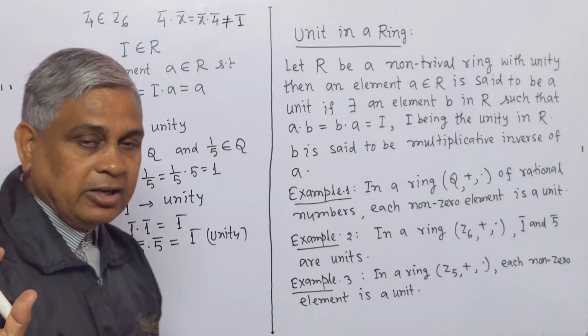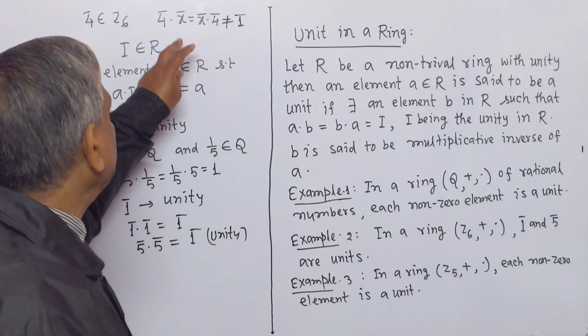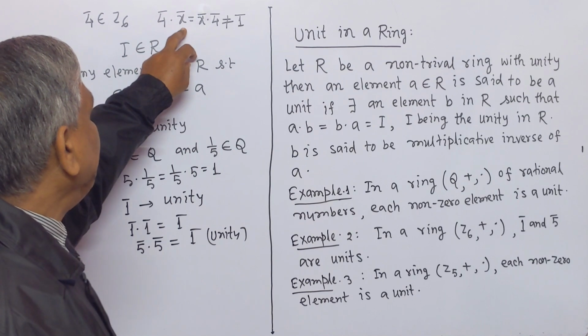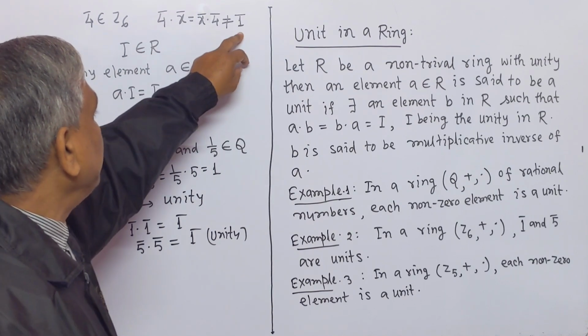We may not get any number. If we put here 1 bar, then 4 bar multiply 1 bar is 4 bar, not 1 bar.